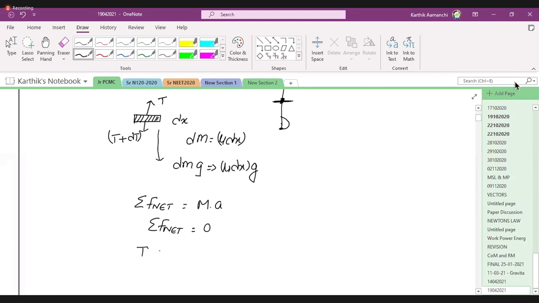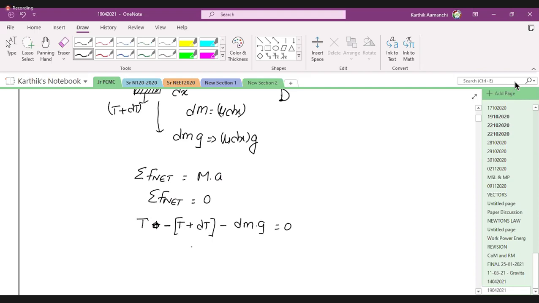So T plus dT minus T, plus mu dx into g, is equal to 0. So from that, dT is equal to minus mu g into dx.